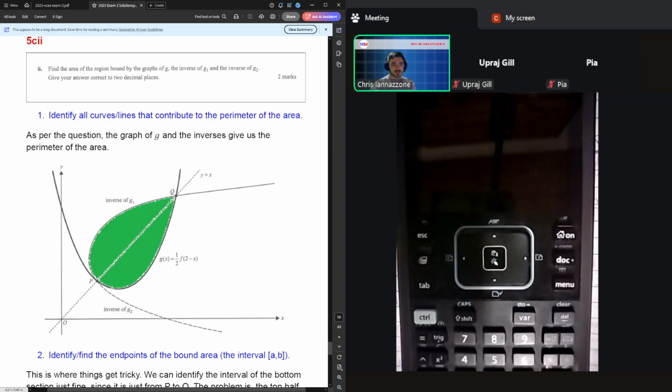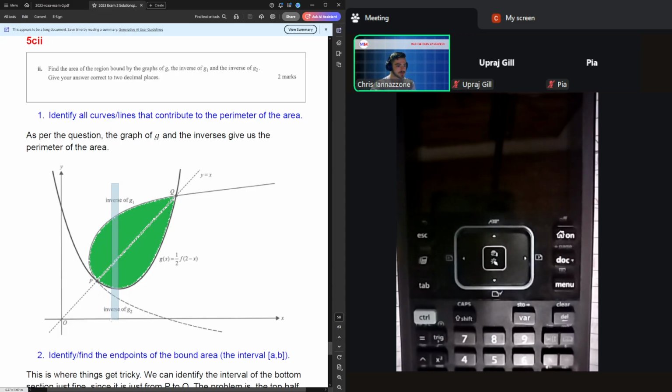If you're struggling to figure out what's going to be bottom, what's going to be top, think about it in terms of complete vertical line strips. If you imagine this vertical strip here, you've got G1 on top of G2, right? If you cross vertically straight down, the first line you touch is the top of G1, and the last line you touch that's still in the green is the line of G2 inverse.